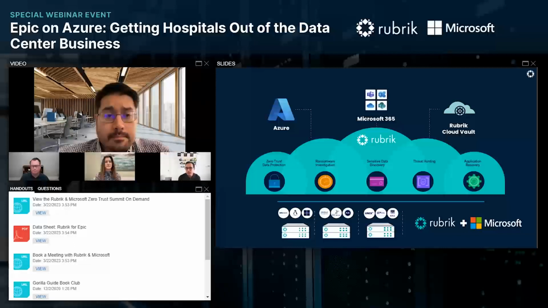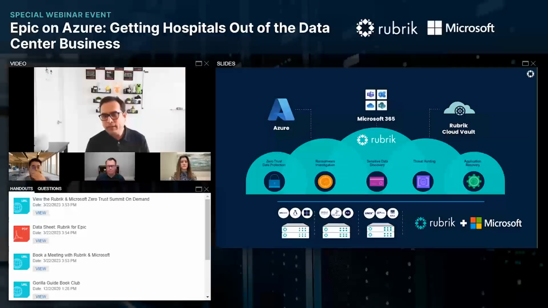Yeah, absolutely. In the last few months, some of the large hospitals have migrated their electronic medical records, EHR, to Azure, and customers who have been running for the last few months have given us feedback about some of the new ROI they're getting out of the EHR data in Azure.